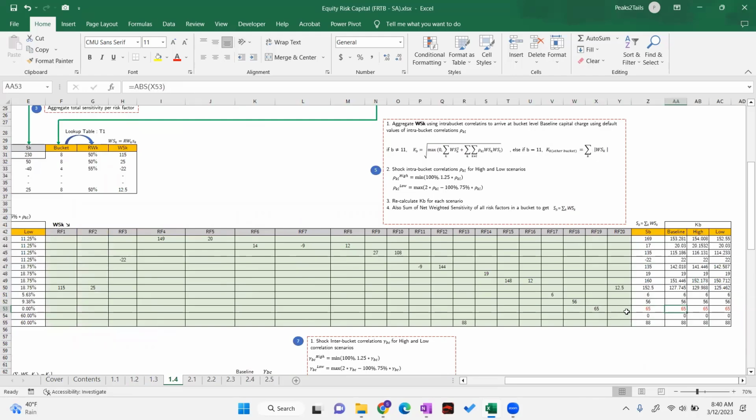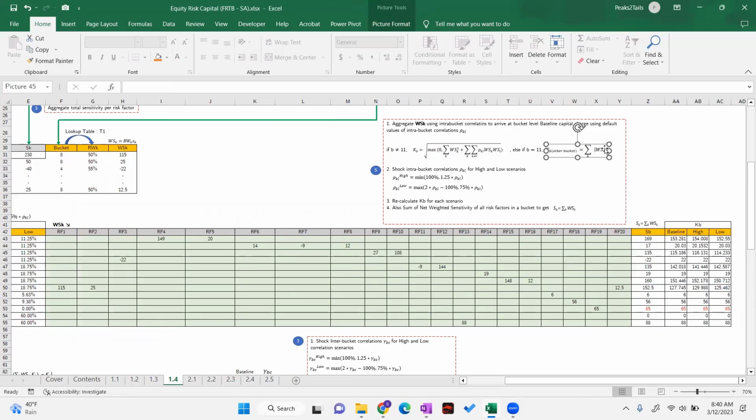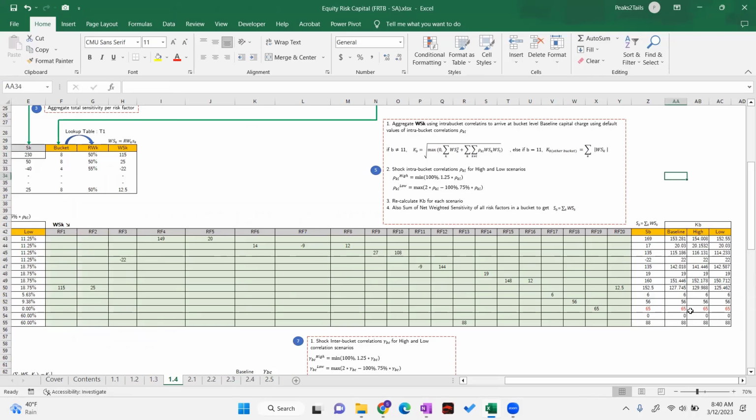It's just the sum of absolute values. This is the aggregation logic: sum of weighted net sensitivities for bucket 11. And you do that for all 3 scenarios.